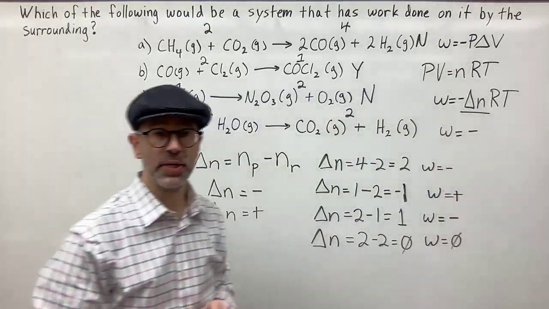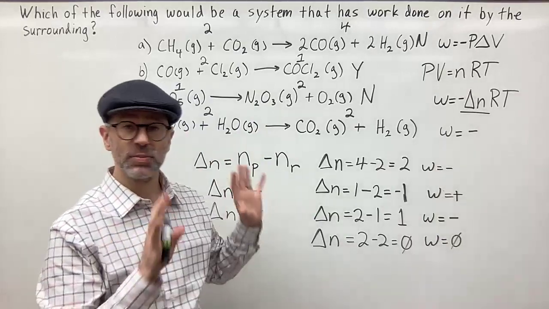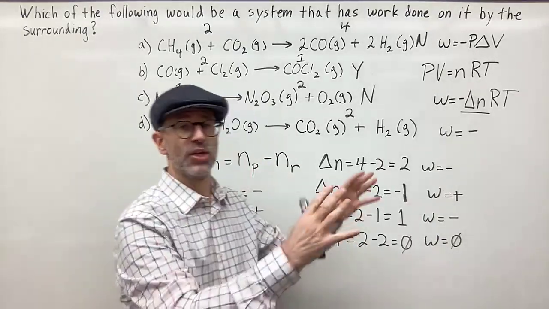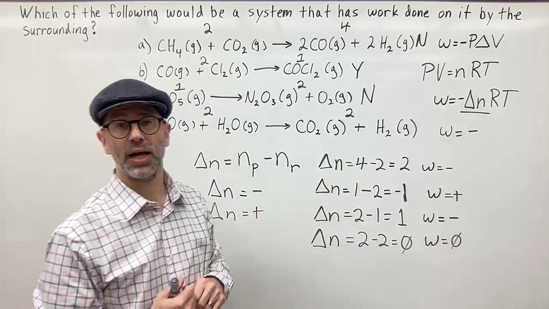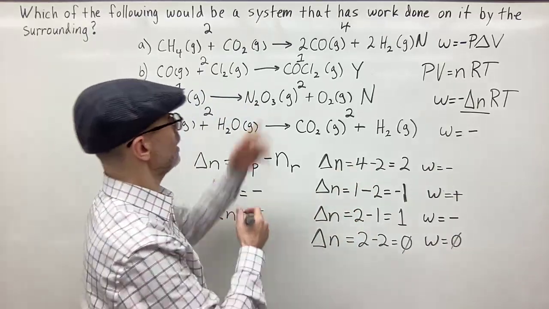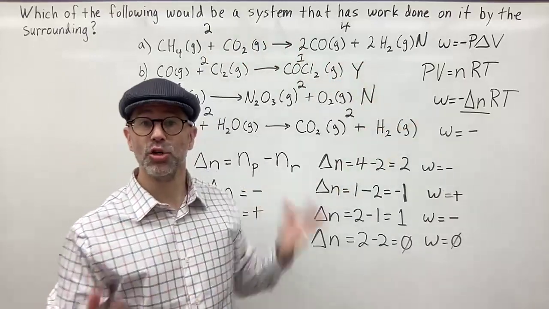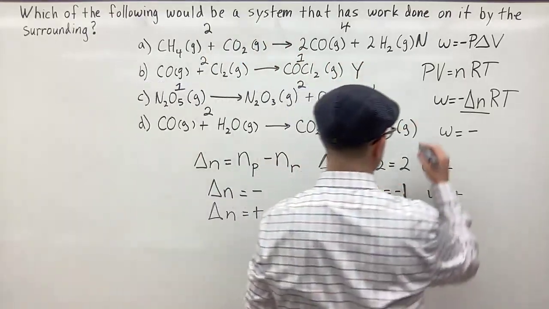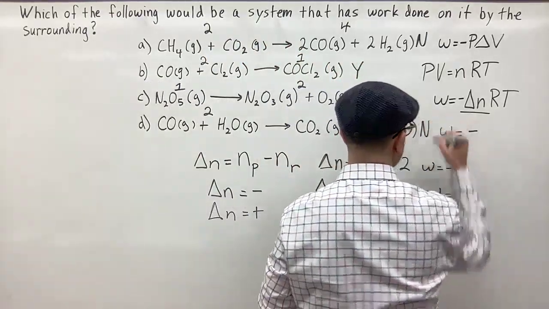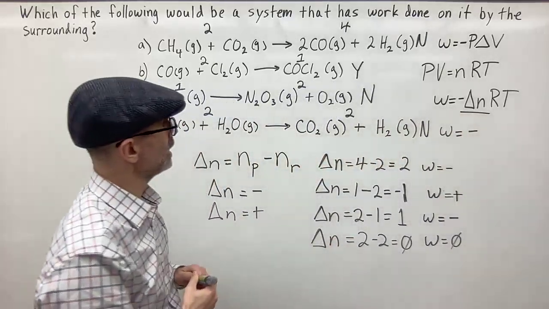So no work is being done in either way. The system is not doing work on the surroundings, and the surroundings is not doing work on the system. So, to answer the question, is work being done on the system? No. But the system is not doing work on the surroundings as well.